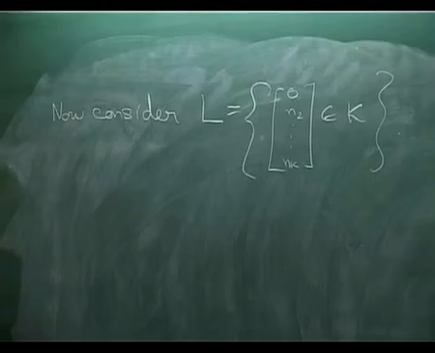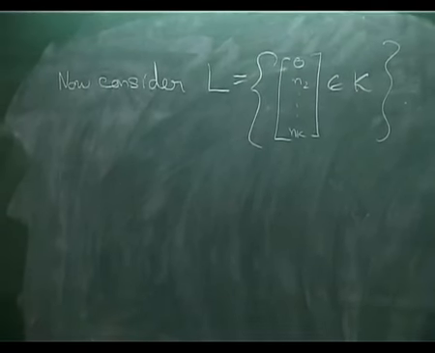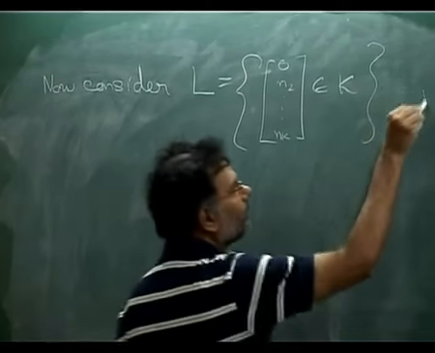Take the set L of everything in K whose first component is 0. This is a subgroup.